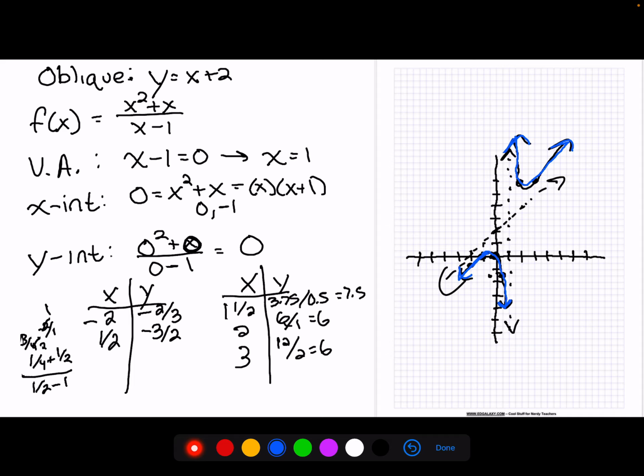Okay. And another thing that didn't really get covered in the college algebra video, and I'm not even going to go too far into depth with this here. If you take calculus, you'll get into this more.